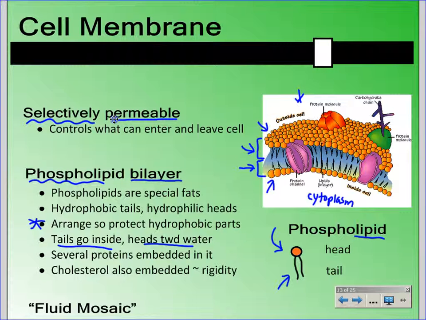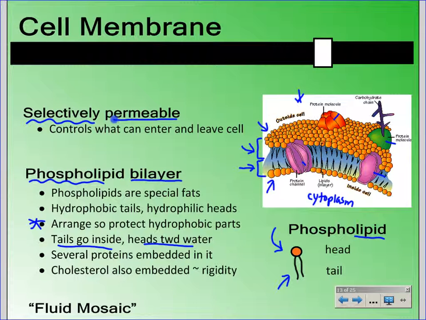Not only are there phospholipids in the membrane, so there's lots and lots of phospholipids. It's mostly made up of phospholipids, but there's a lot of things embedded in the membrane. A lot of proteins, and these are all different proteins. There's one kind, another. We're going to do a little drawing that shows a lot of different types.